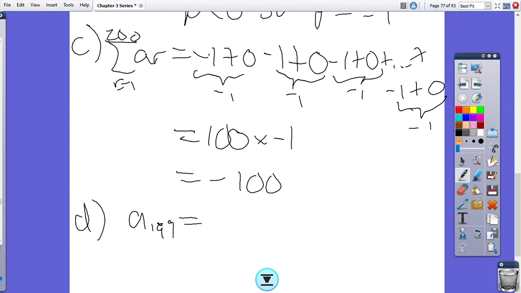Third term, minus 1. Fourth term, 0. So it's bouncing backwards and forwards. If the number of the term is odd, then it's going to be minus 1. If it is even, it's 0. 199 is odd, so that's going to be minus 1.